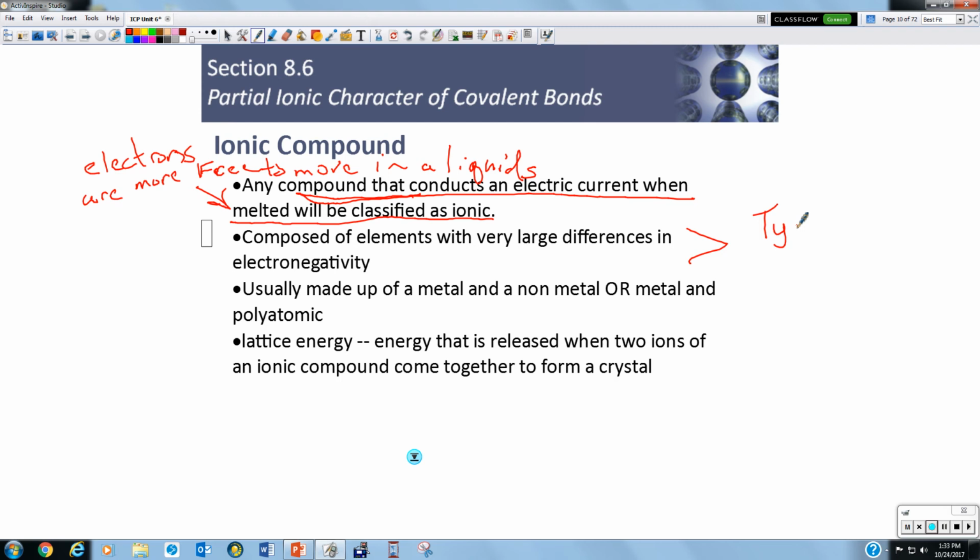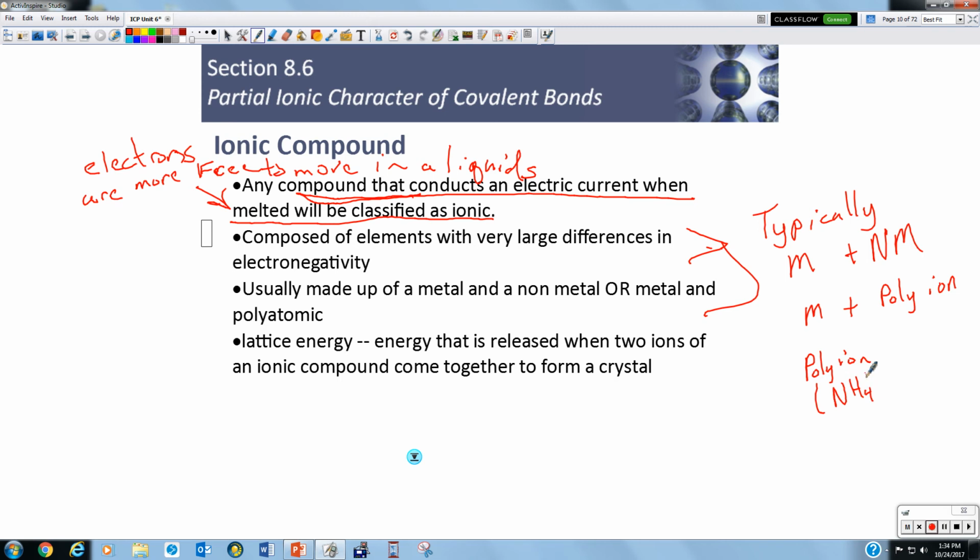And we can say this typically, and it's going into this next statement down here, a metal plus a nonmetal, or a metal plus a polyion, or you can have a polyion like ammonium plus a nonmetal.